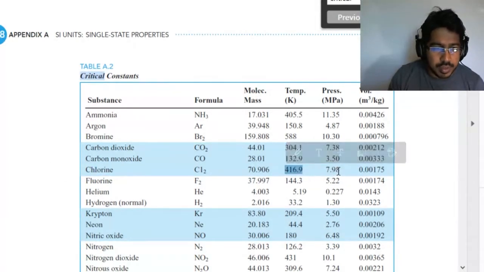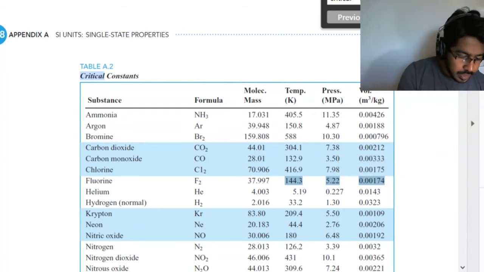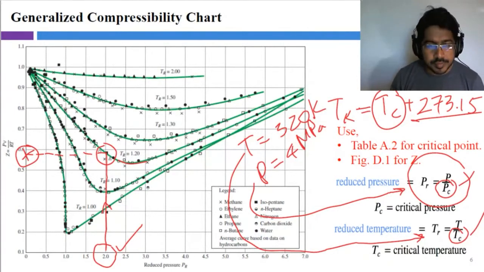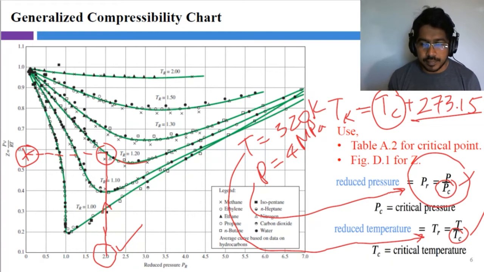If my interest was in fluorine, let's say, I will pick these numbers and use them in my equations for P critical and T critical. After calculating the reduced temperature and reduced pressure, I will bring that up to this chart and do the procedure I just did. Is it clear now? Awesome.